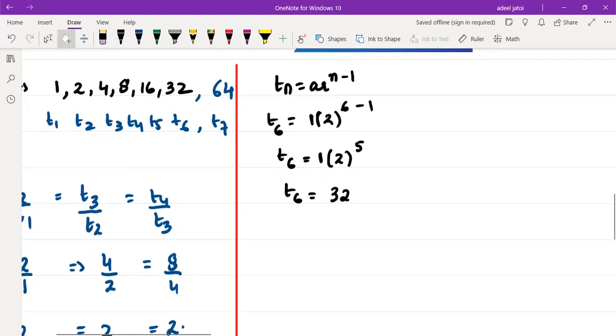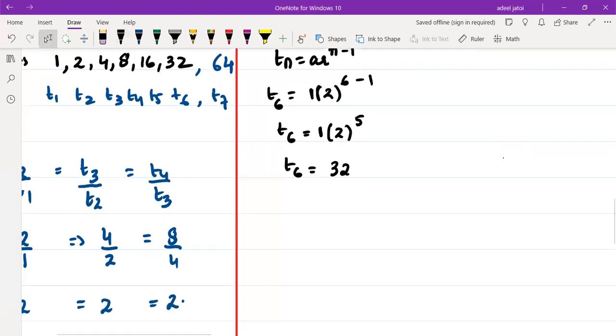Following on, if we require the value of the 7th term, we can easily do that. The first term is obviously 1 in the given series. Your first term value will always change according to the series that you have, right?